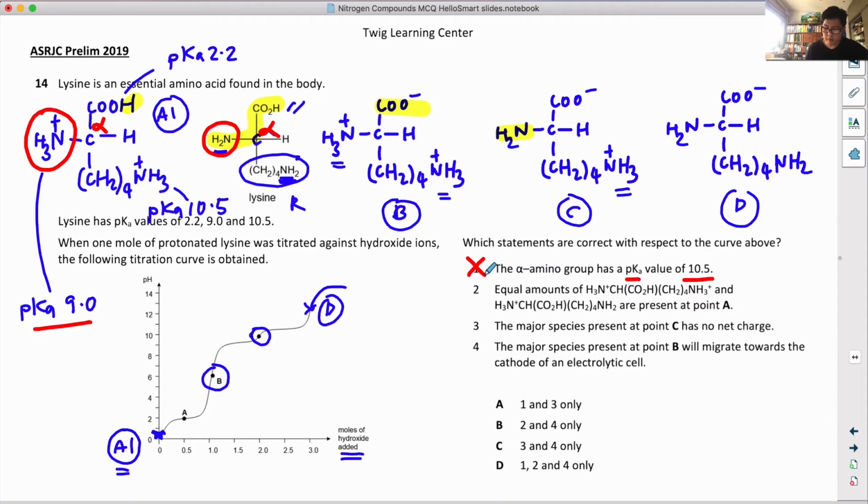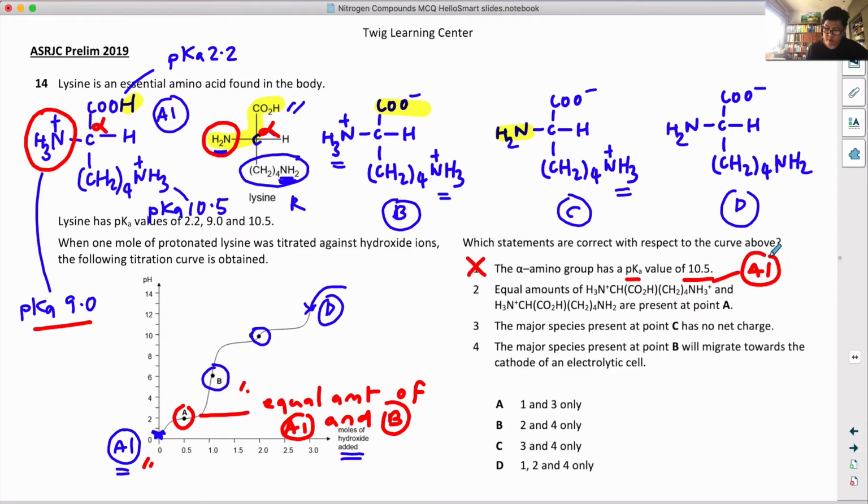Equal amounts of these two were present at point A. At point A you have an equal concentration of A1 and B. I can see that this is A1, the one they've drawn, but this one looks a bit strange.